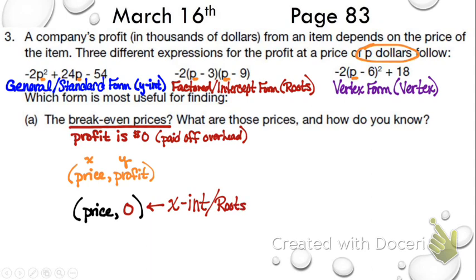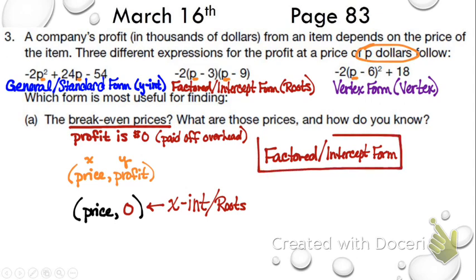And you answered my second question, which is, what form helps me do that? Factored or intercept form. So, what are those roots? What would the ordered pairs be?